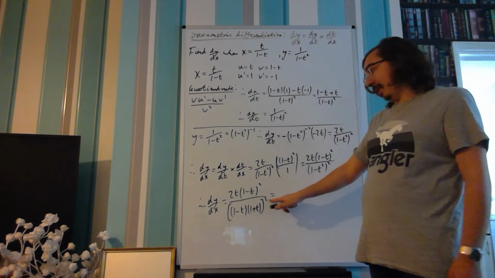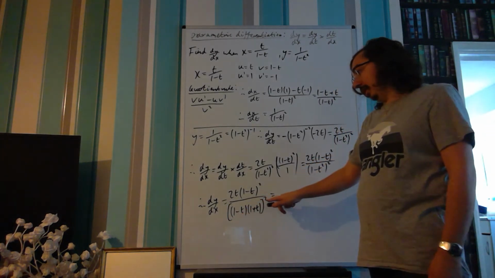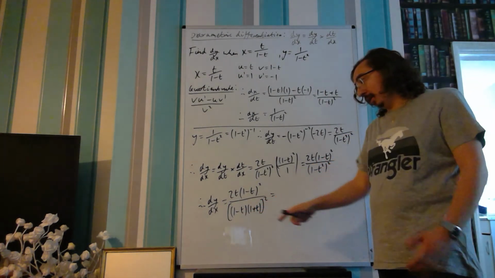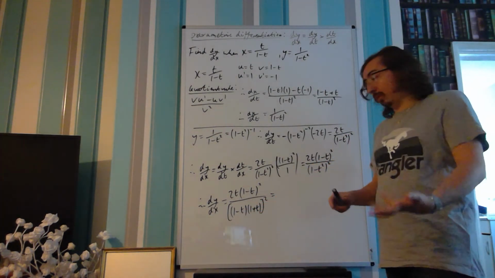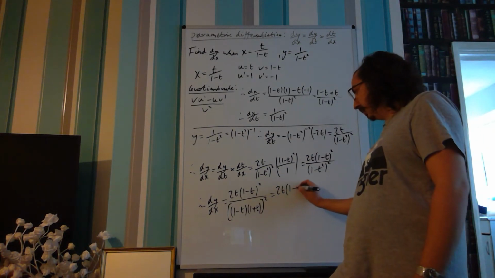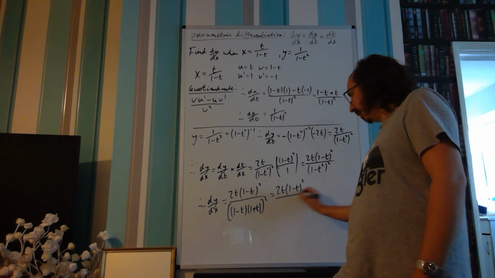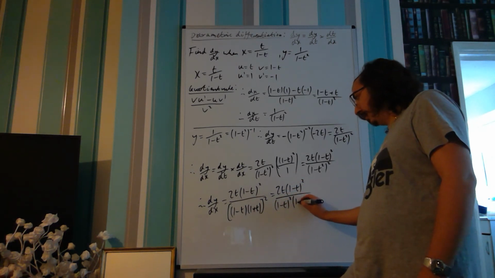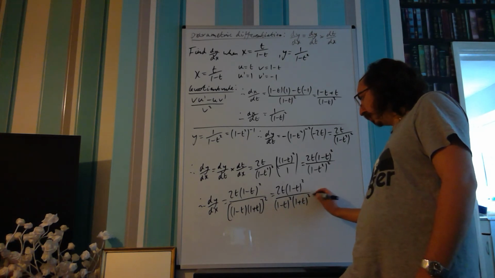Which, thinking of our powers, well, really, if this is all squared, it means we've got 1 minus t times 1 plus t, all times 1 minus t, 1 plus t. So you've got 2t, 1 minus t squared over 1 minus t squared times 1 plus t squared.